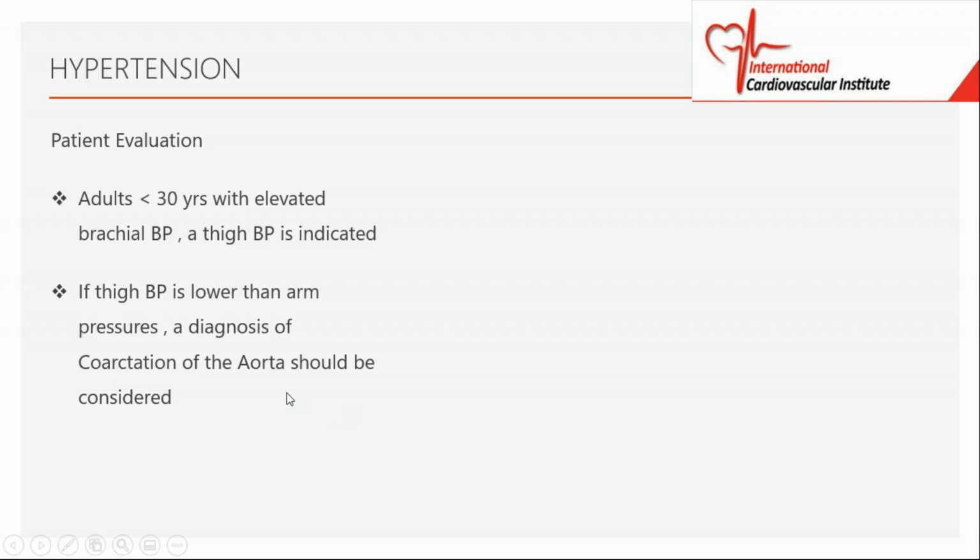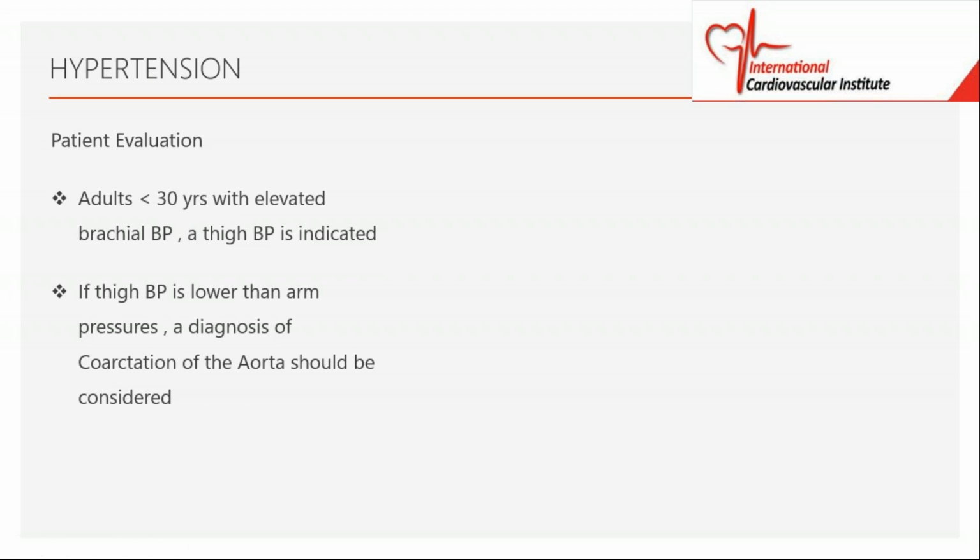Again, some important features. We're talking about secondary hypertension. Say you get someone who is under age 30 and they have elevated blood pressure, they have hypertension, and it's the first time you've seen that patient, you probably should get a thigh blood pressure as well.